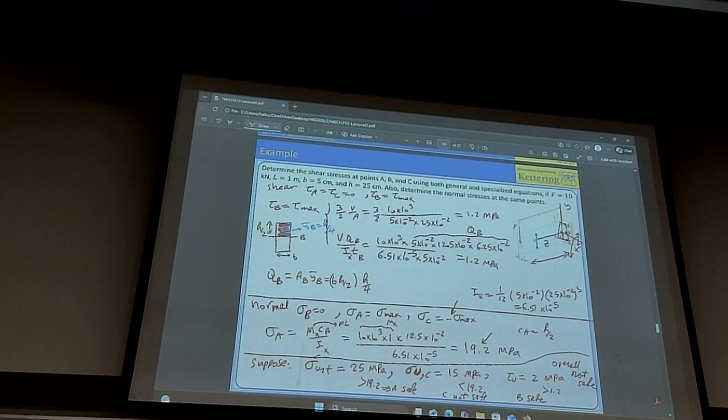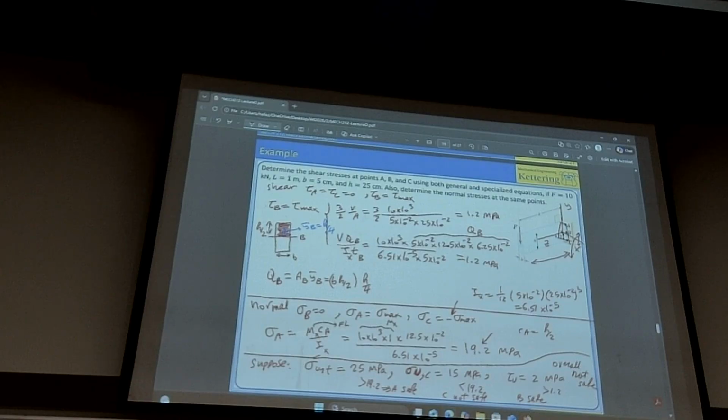How come, compared to the last problem, we didn't do force over area plus or minus the 19.2 megapascals? Anyone can answer that? Justin is asking a valid question. He's asking why don't we put F over A in here?